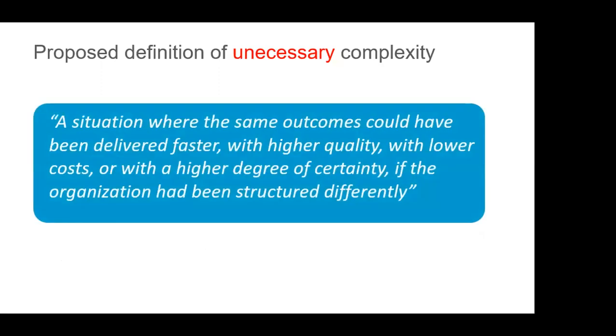This is one that I would propose as a tentative one, at least, where we say that unnecessary complexity is a situation where the same outcomes could have been delivered faster, with higher quality, with lower costs, or with a higher degree of certainty if the organization had been structured differently.